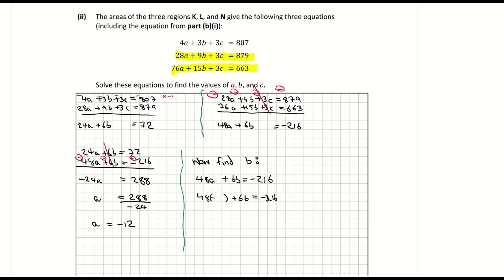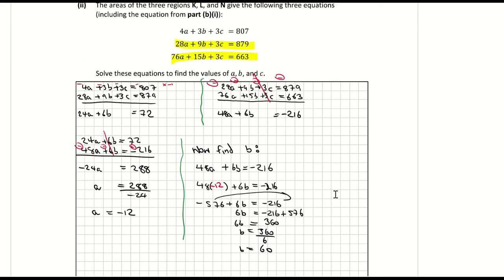My value for a is minus 12. So that's giving me large numbers here. I'm getting minus 576 plus 6b is equal to minus 216. Move that over, gives me 6b is equal to minus 216 plus 576, which is 360 is equal to 6b. b is equal to 360 divided by 6. So b is equal to 60.